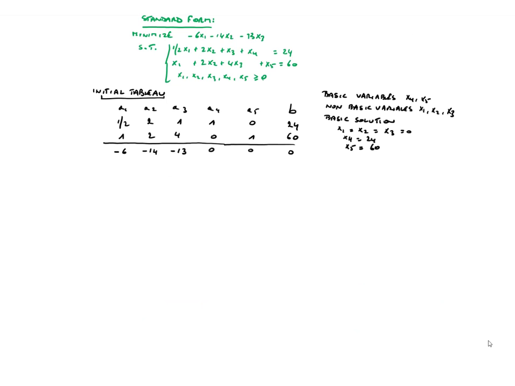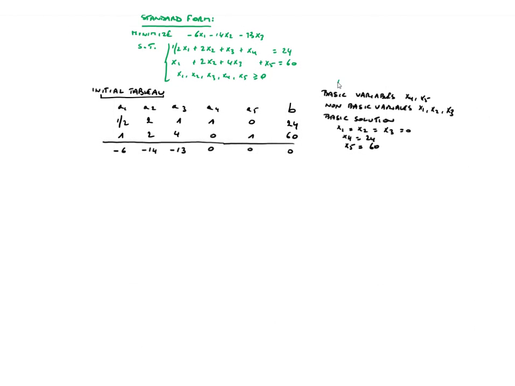Well, this is the initial tableau. So in this case we have, well, m is equal to 2, there are two constraints, and n is equal to 5, so there are two basic variables, x4 and x5, and n minus m, so that's three non-basic variables, x1, x2 and x3, and you can read the solution from this initial tableau.